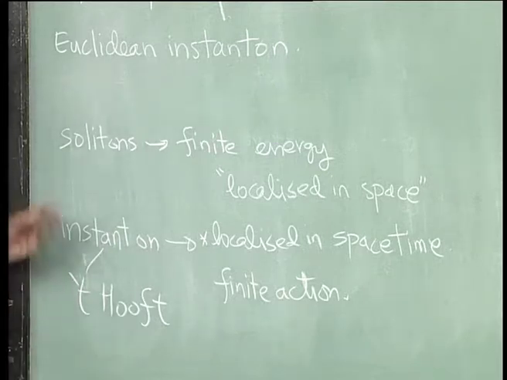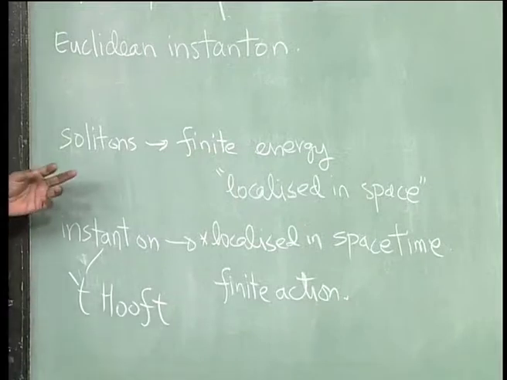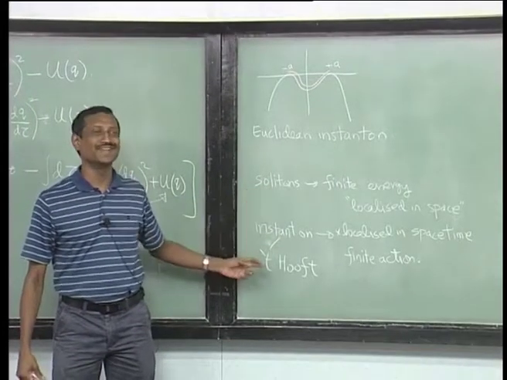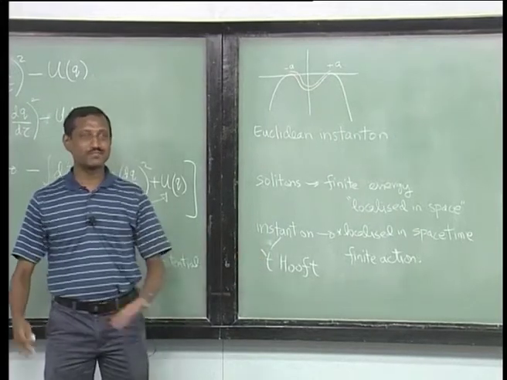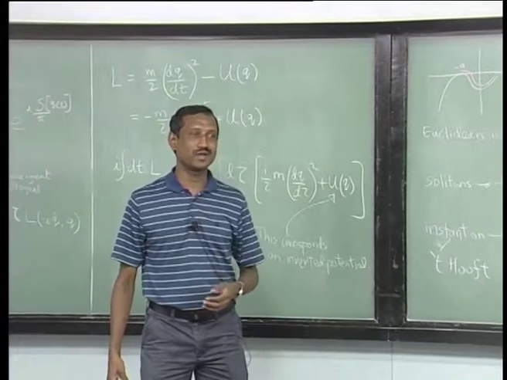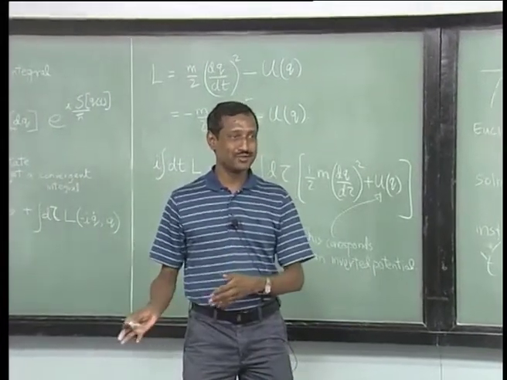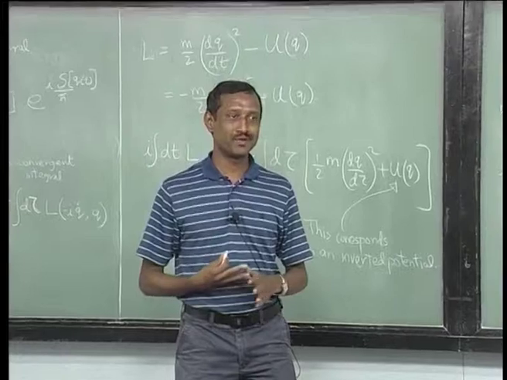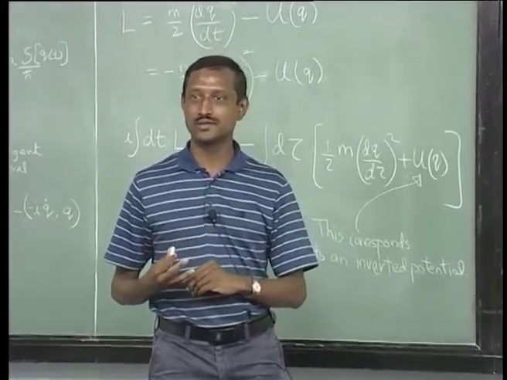For instance, this gives you the title of a very nice book on solitons by Rajaraman, called Solitons and Instantons. That book is at a slightly higher level than this course, but now that you have done this course, you can go and look at that book, and you will understand lots of it.